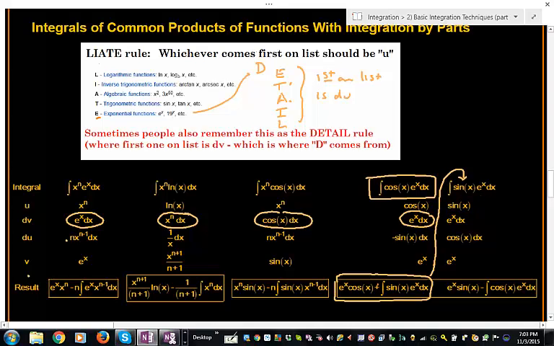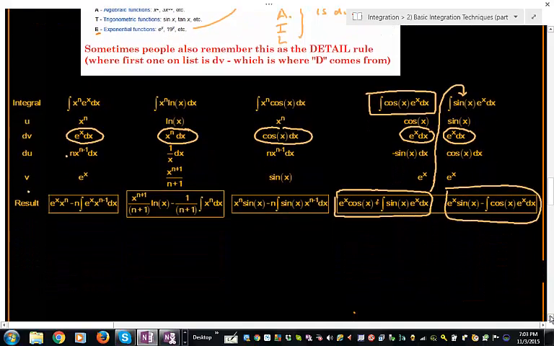Again, exponential comes before trig, so the exponential is my dv, and I integrate that, and I get this result. Now let's look at what we have. Let's put this together.